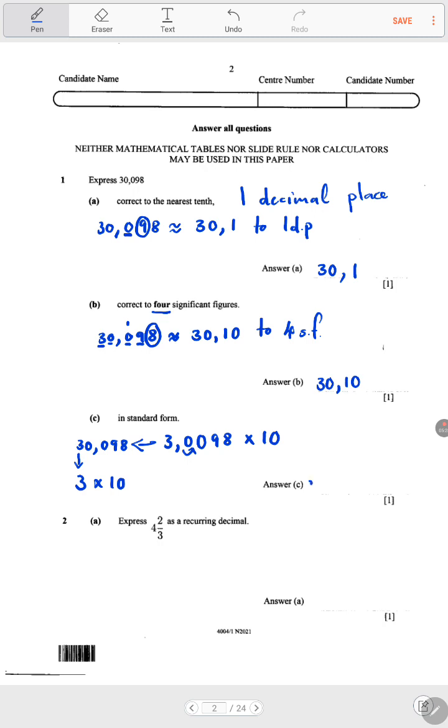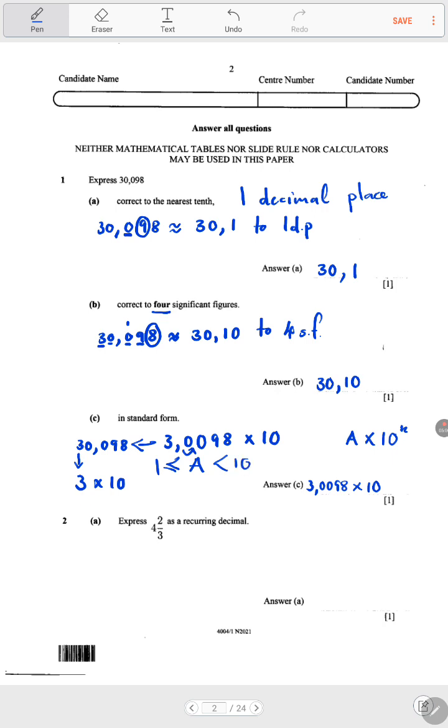You're going to write it as 3,0098 times 10, and you're going to realize it now follows what I explained earlier, where A is now being represented by 3,0098, and 3,0098 is a number that is greater or equal to 1 but less than 10.